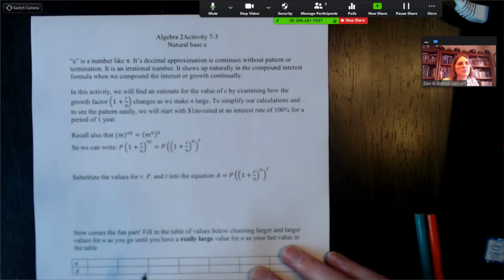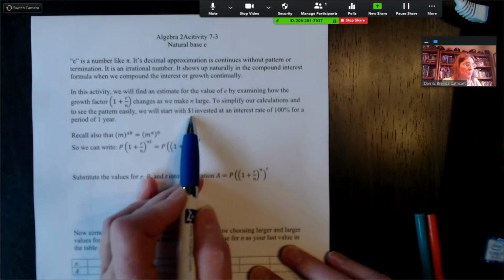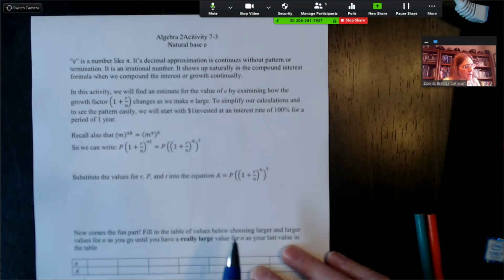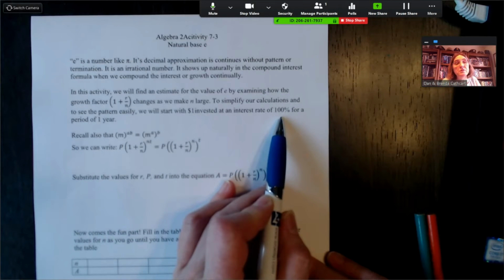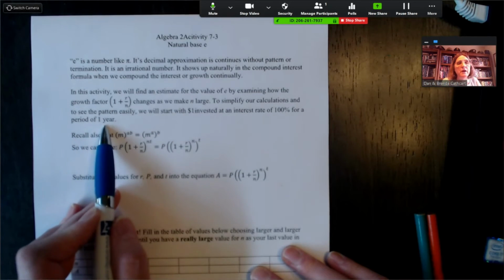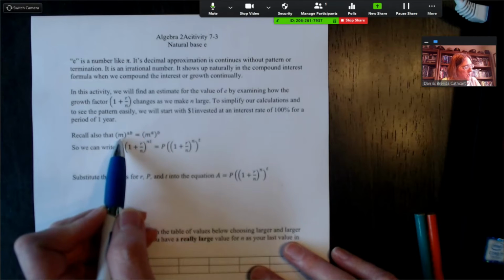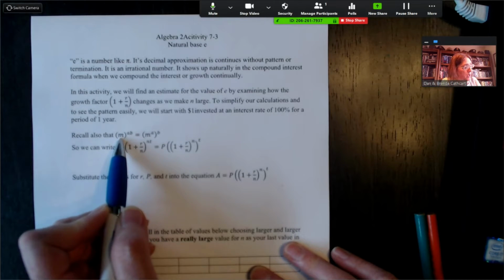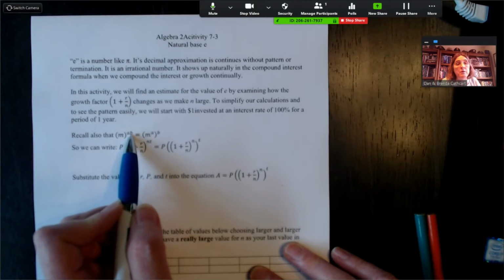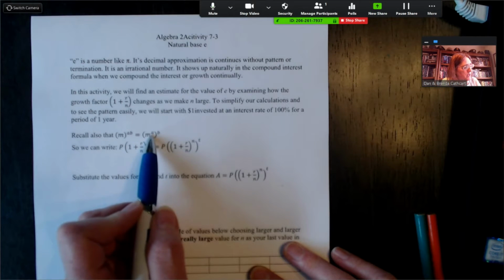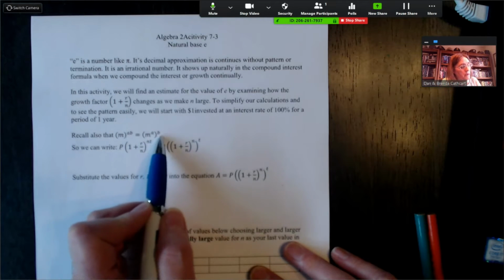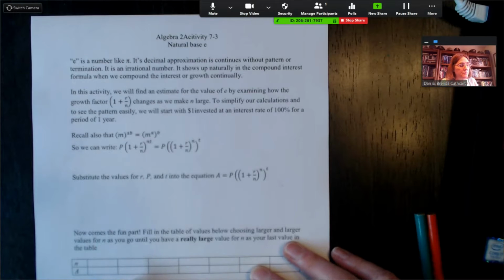To simplify our calculations and to see the pattern easily, we're going to start with $1 invested at an interest rate of 100% for a period of just 1 year. Recall from our rules of exponents that m raised to the a times b power is the same thing as m to the a quantity to the power of b.